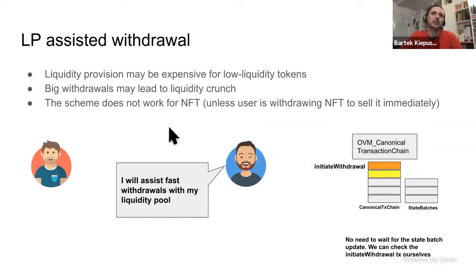And also that probably wouldn't work at all for NFTs because these are unique, right? So unless the user is withdrawing an NFT to sell it immediately, this scheme wouldn't actually work. However, for a lot of use cases, that could be actually quite good.